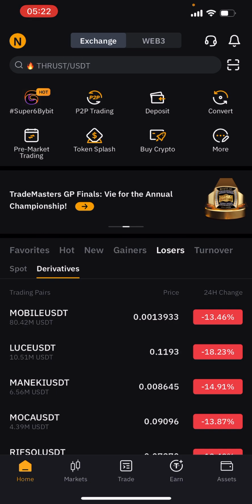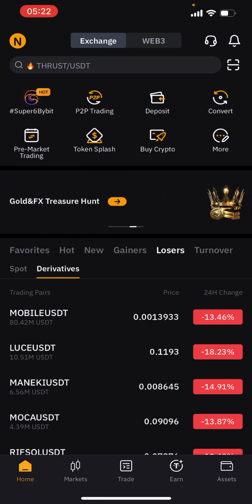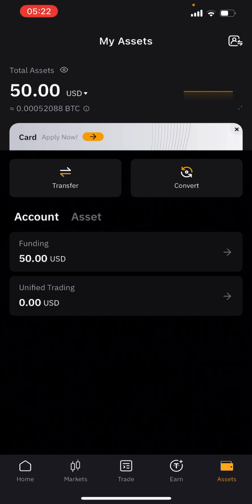So I funded this account with $50 to show you guys how to trade using my signal. After funding, we can see the $50 is in the funding account. For me to trade, I have to transfer the $50 to my unified trading account.